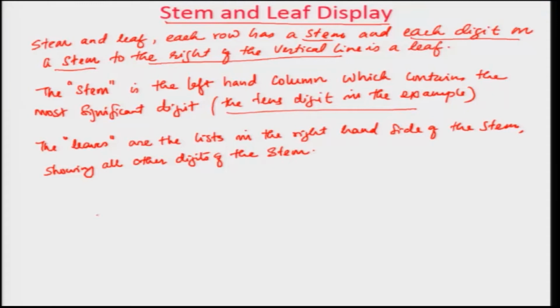So, for example, what happens is, if you have 40, it is easy, you can say 4 and 0.